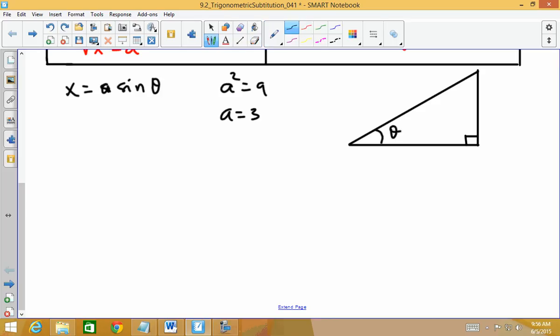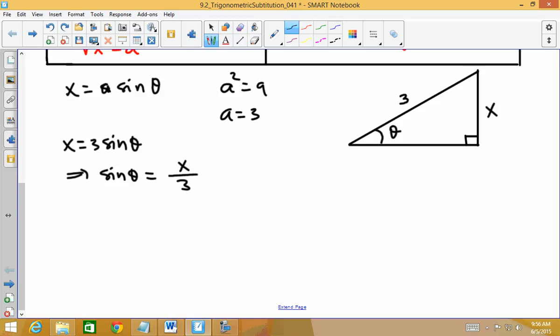And x equals 3 sine theta, which means that sine theta is equal to x over 3. Sine theta is opposite over hypotenuse, so x is here and 3 is there.